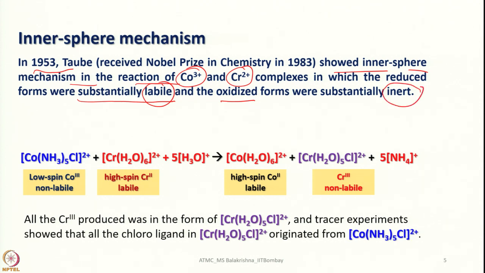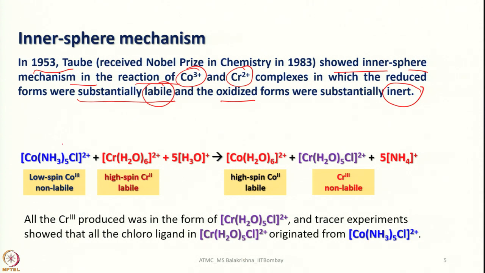Obviously, the reduced species would have more electrons and a lower oxidation state. As a result, it becomes labile and forms a high spin complex. On the other hand, the one getting oxidized would have a smaller size, and even a weak field ligand can form a low spin complex. So, his predictions look very reasonable here.